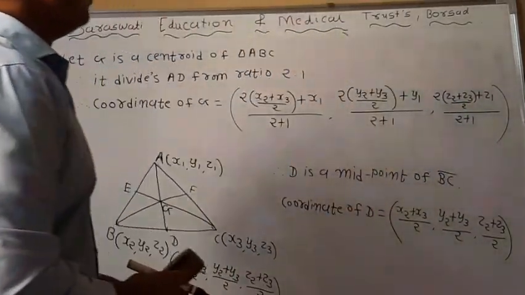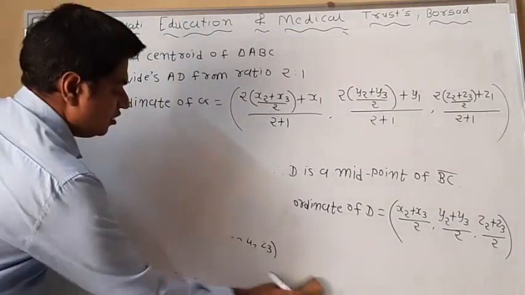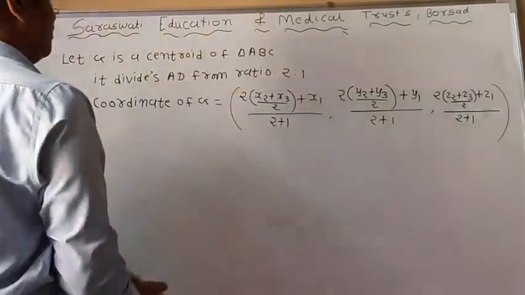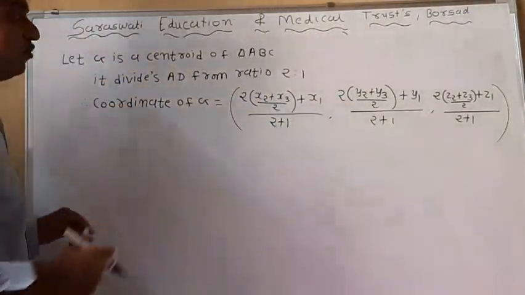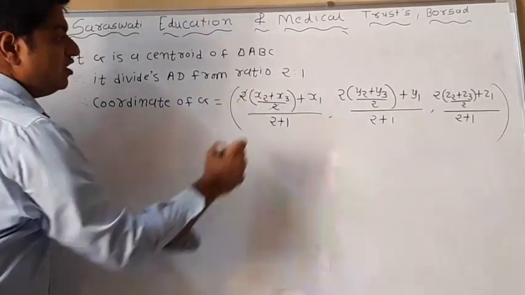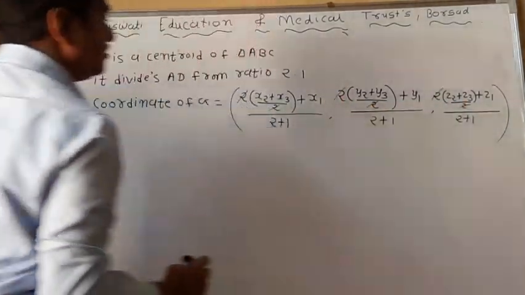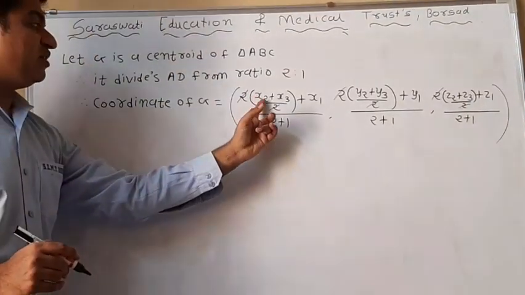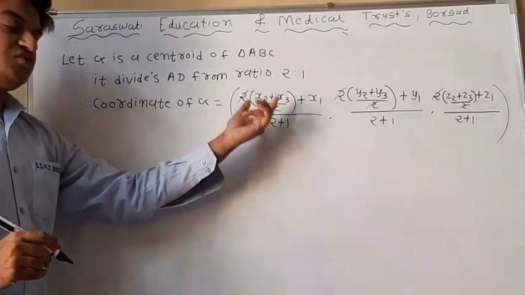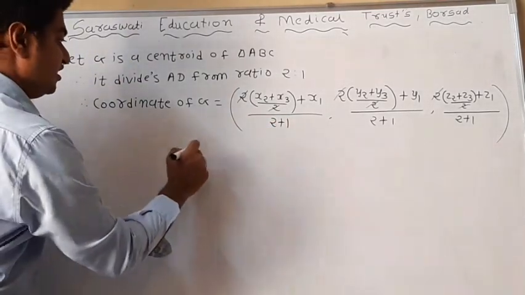Okay, so here using the ratio formula, our question is to derive the formula of centroid G. Here the 2 cancels out, in the same way here the 2 cancels out, and here also the 2 cancels out. So the remaining terms are x2 plus x3 plus x1, that means we can also write (x1 plus x2 plus x3) divided by 2 plus 1, which is 3.